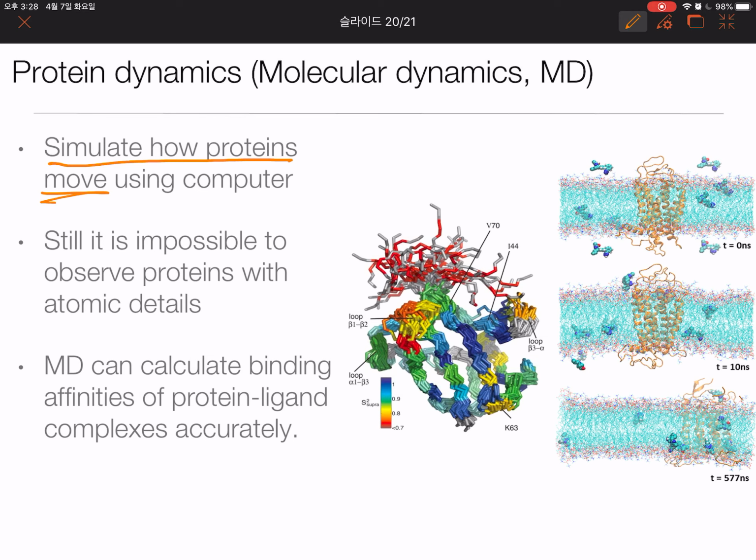MD simulations can calculate binding affinities, and also show us the movement of proteins quite accurately. This is an example of the motion of some proteins. Each line represents the various movements of proteins.